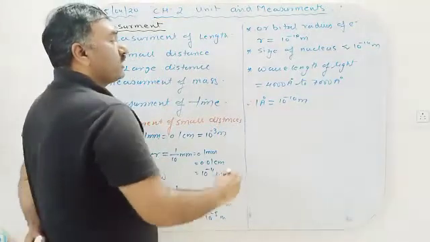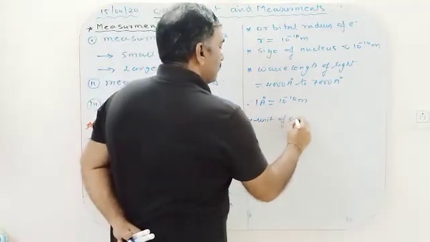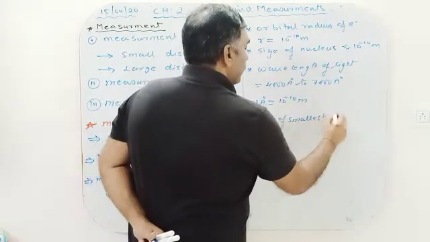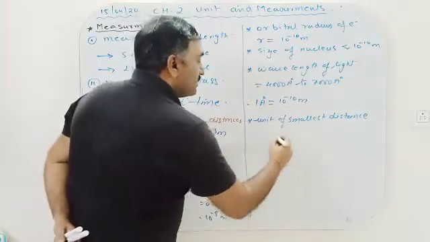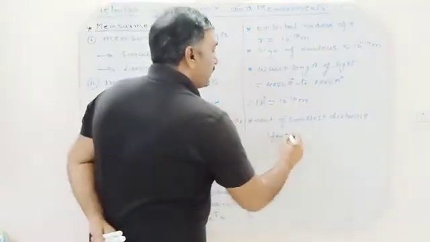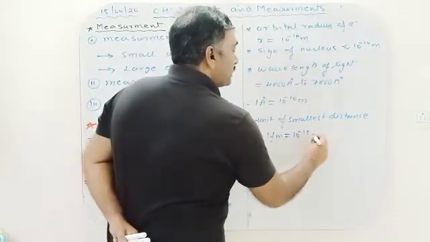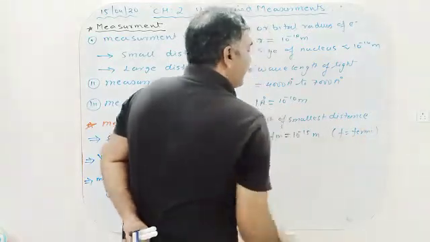And the unit of the smallest distance is 1 FM. F stands for Fermi here. 1 Fermi meter is 10 raised to power minus 15.